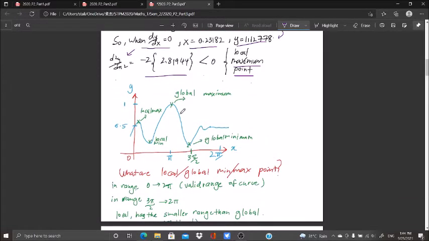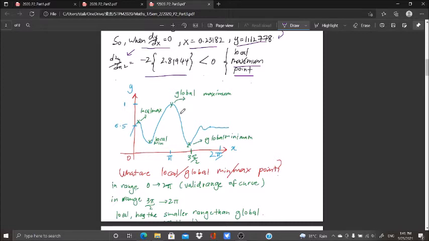Regarding the terms global and local, I would say that within a certain range, if that point is a maximum or a minimum point, we can clearly say it is a local maximum or local minimum.